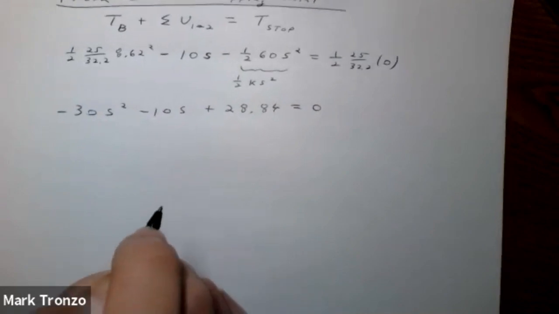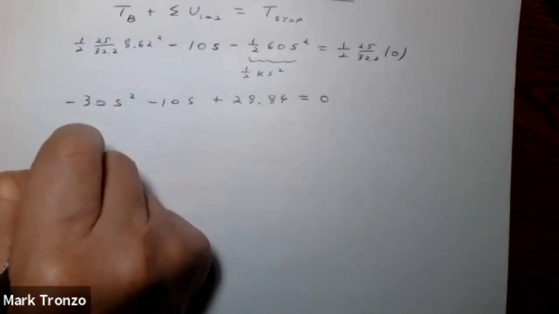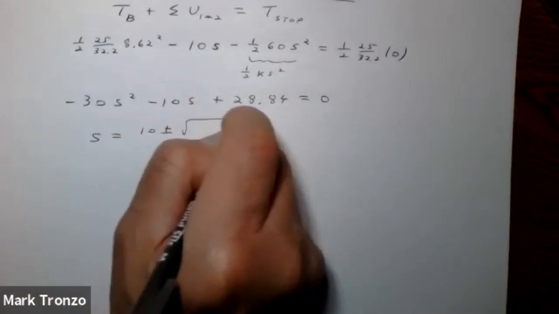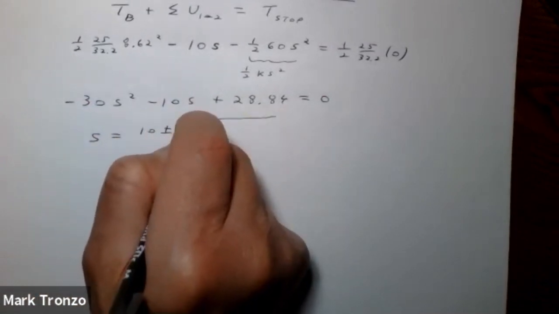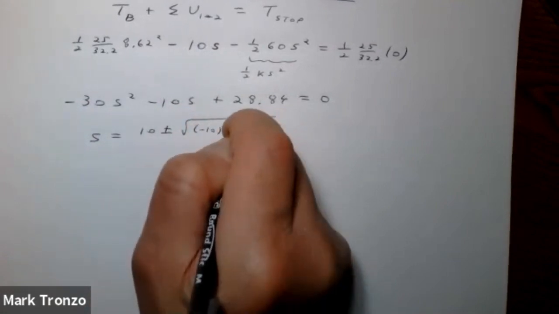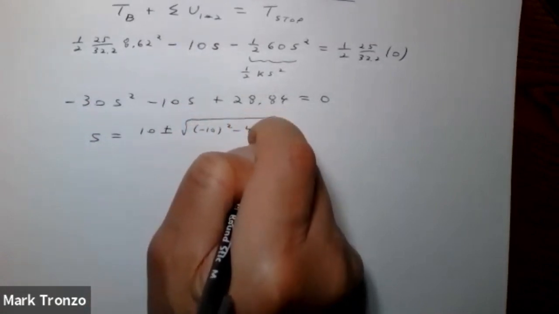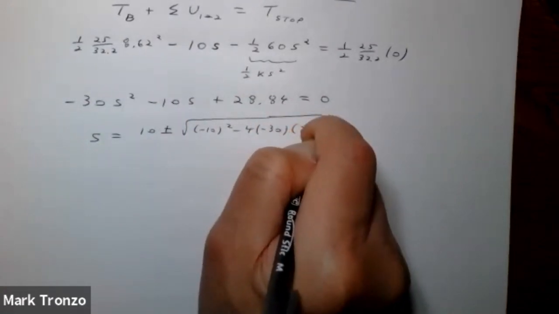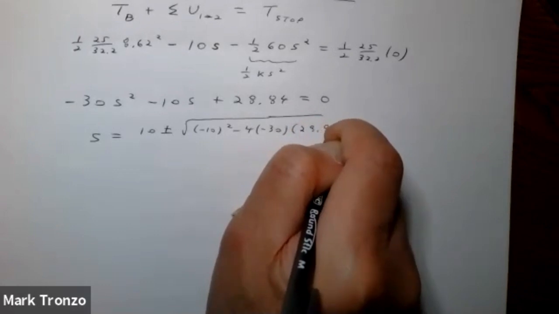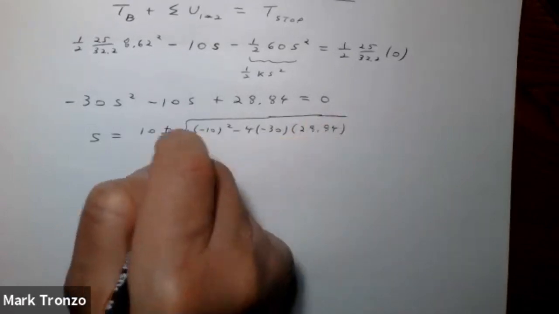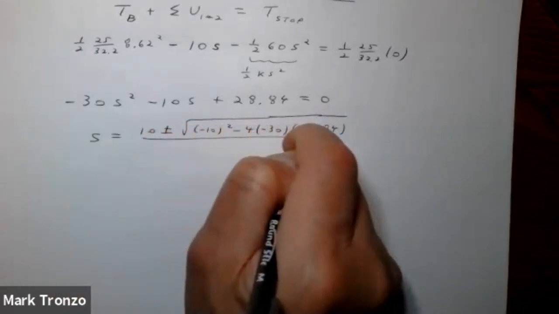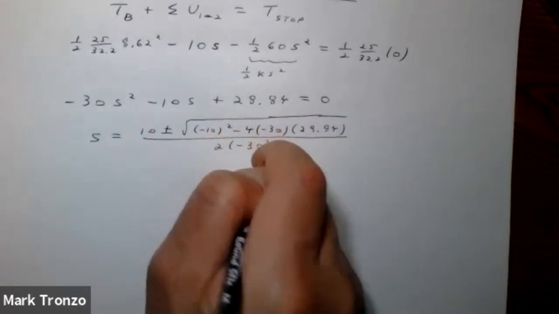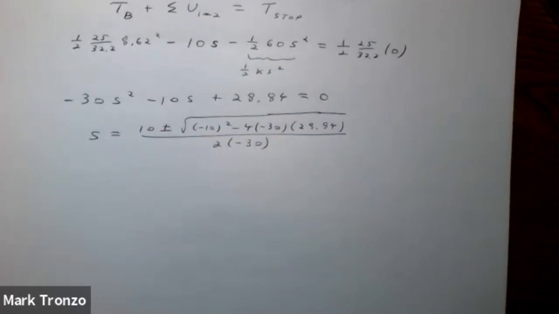And so we just have to use the quadratic formula to solve this. It's going to be 10 plus or minus the square root of minus 10 squared minus 4 times minus 30 times 28.84, divided by 2 times minus 30.